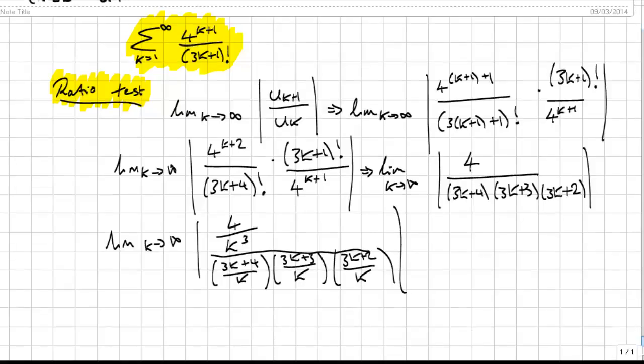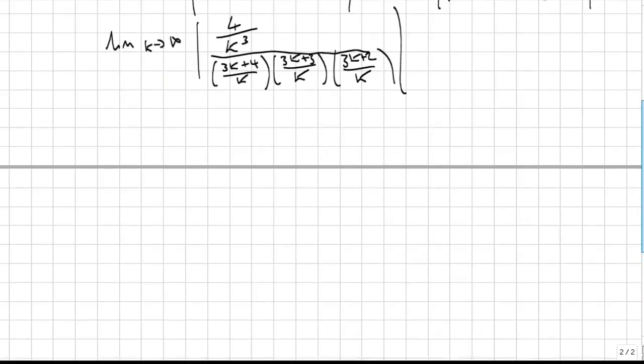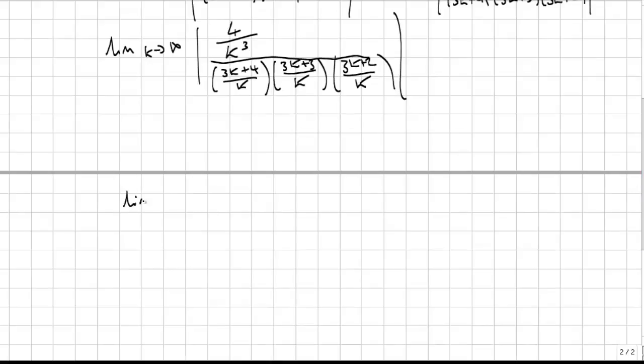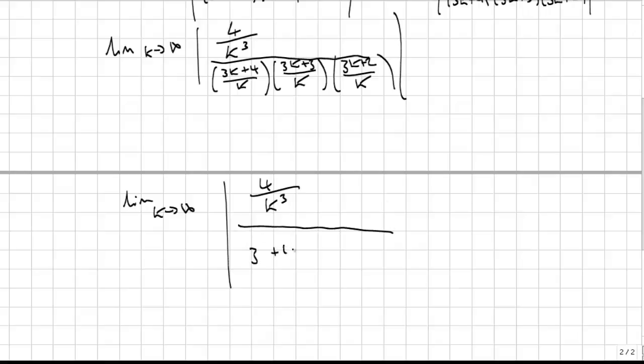Simplifying further, the limit as k approaches infinity of 4 over k cubed, and then we're going to have 3 plus 4 over k, 3 plus 3 over k, and last but not least 3 plus 2 over k.